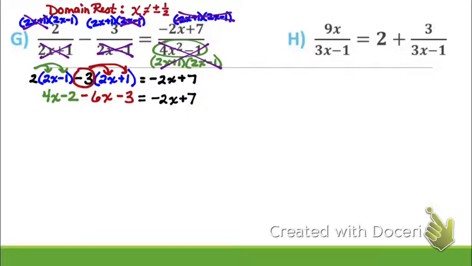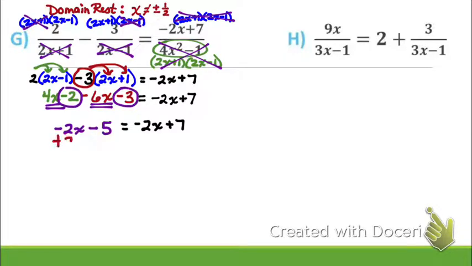What kind of lovely terms can I combine on the left? 4x and negative 6x, so I have negative 2x. Negative 2 and negative 3, so I have negative 5. What happens?